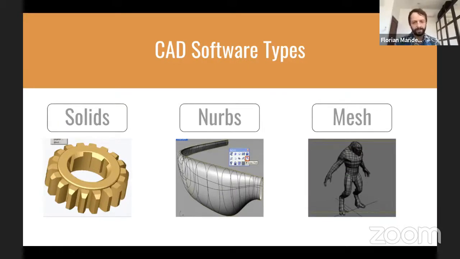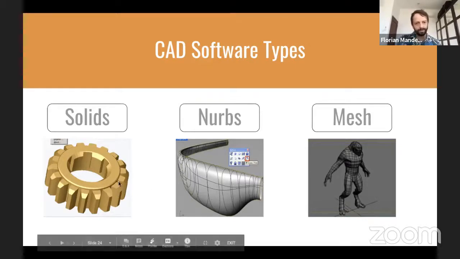Surface means zero thickness, and that's the basic difference to solids. Solids are a more mechanical approach. You start with a 2D, you extrude it, and then you have a solid body. So there is always a thickness to the material. Solids are rather used in industry.